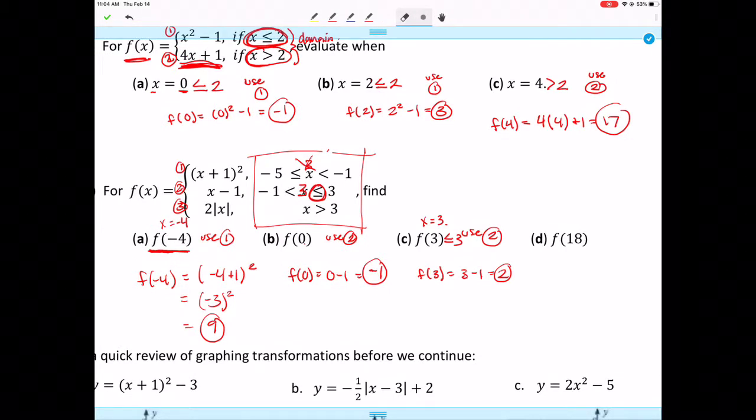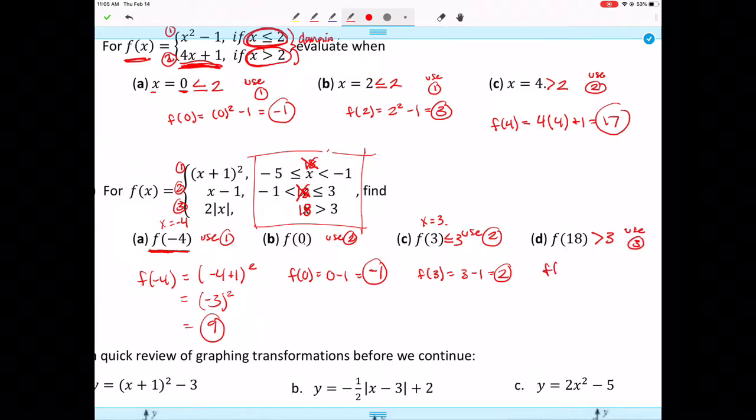Okay, and we can go over this one more time. Does 18 fit in between negative 5 and negative 1? No. Does 18 fit in between negative 1 and 3? No. Is 18 greater than 3? That is true. So 18 is greater than 3, and we would use situation 3.